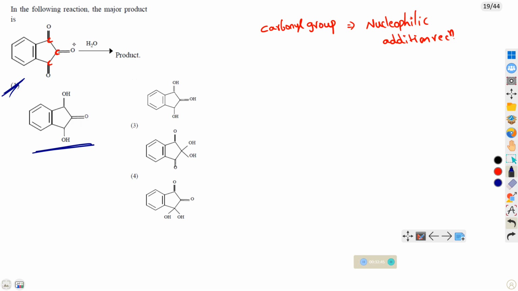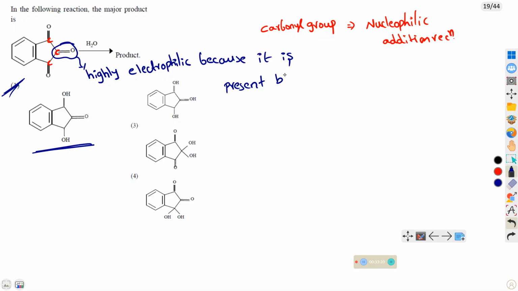Because the central carbonyl group, C=O, I am talking about this carbonyl, is highly electrophilic, not nucleophilic, because it is present between two other carbonyl groups.